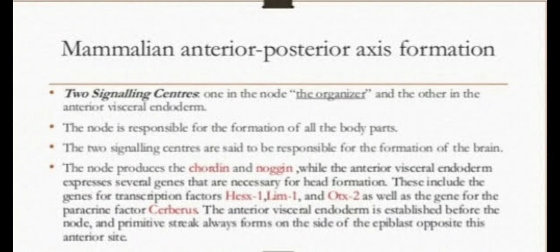After this stage, that is, after the implantation of the blastocyst into the uterine wall, the next stage in the development occurs, and it is the formation of anterior posterior axis.